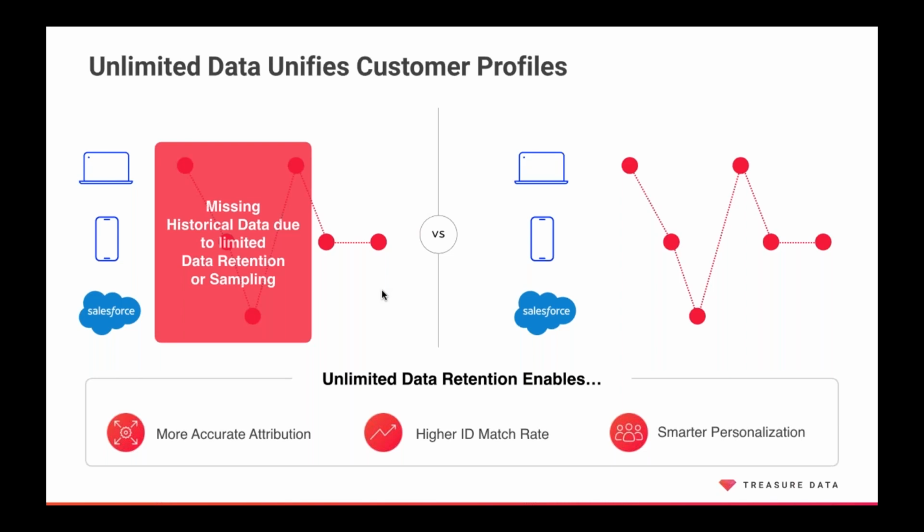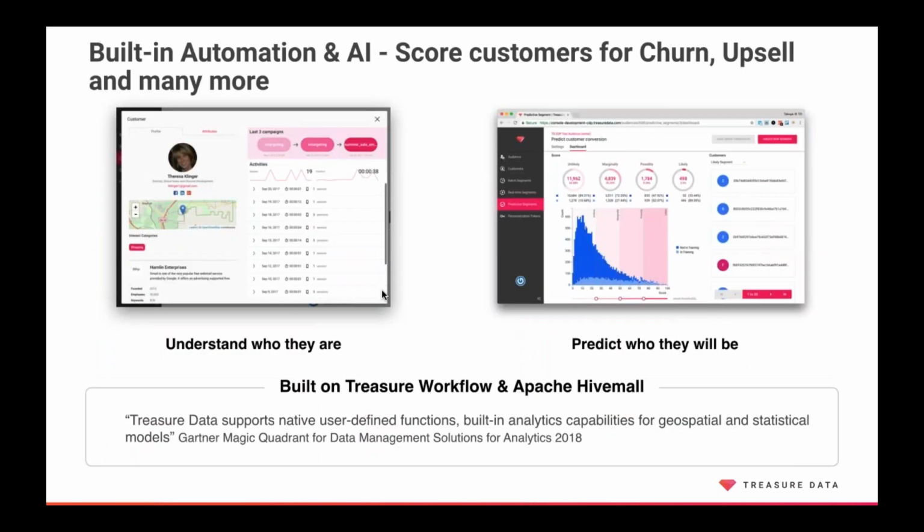Some customers activate across social because it has been attributed as the most successful channel for them. Others might think email is better, so we allow that. Or even programmatic ads can be activated through the Treasure Data platform. So various different options.